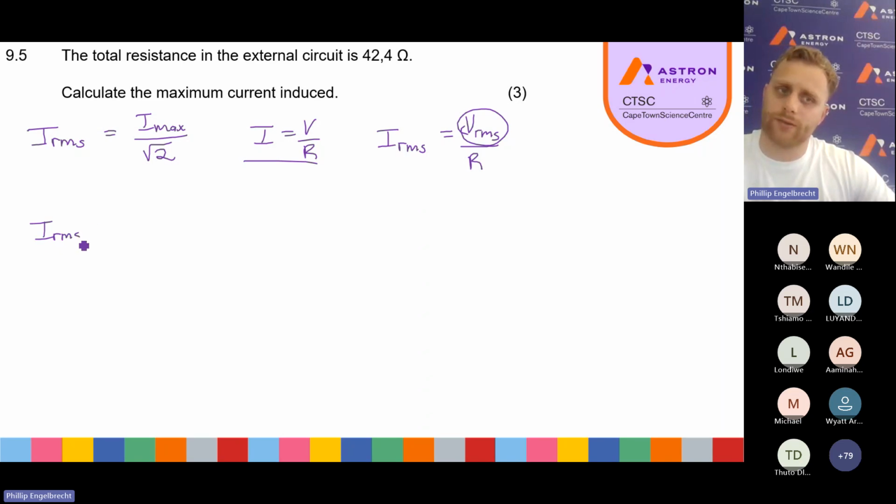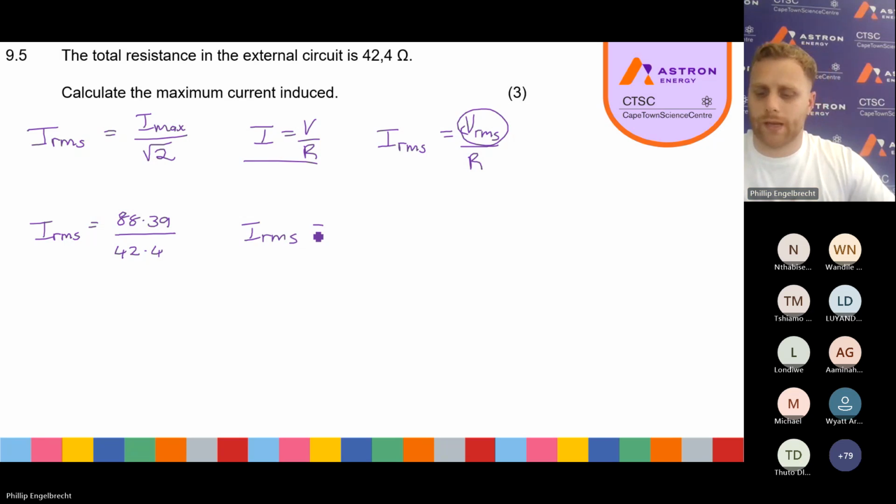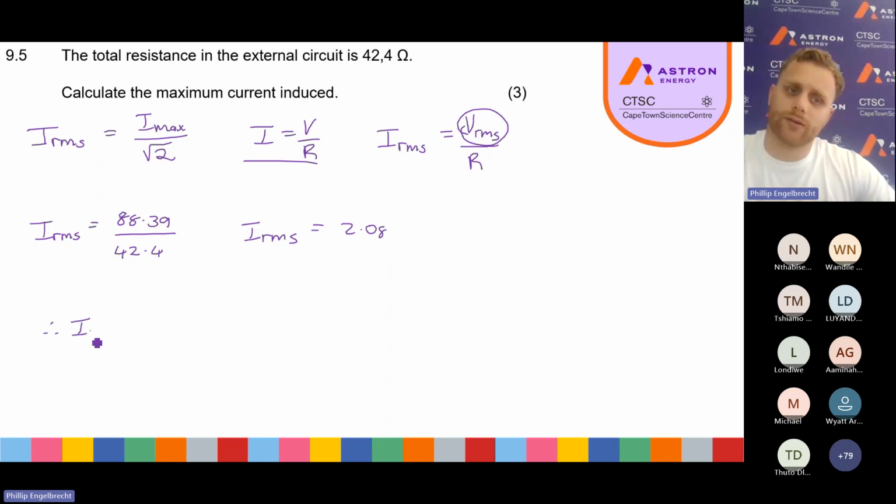So therefore, IRMS is simply equal to my VRMS, which is 88.39, divided by 42.4. And my IRMS is equal to 2.08. Now that I know my IRMS, I can figure out my maximum current. So therefore, Imax is equal to the square root of 2 times my IRMS, which is equal to the square root of 2 times 2.08.